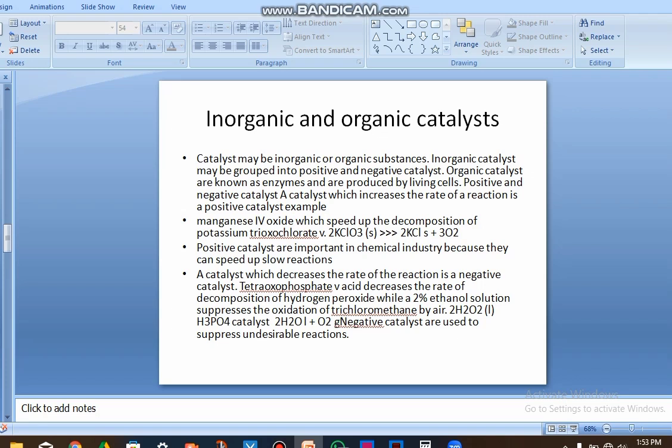Inorganic catalysts may be grouped into positive and negative catalysts, but organic catalysts are known as enzymes and are produced by living cells. You know the meaning of enzyme, right? In biology, we have done enzyme before. An enzyme is an organic catalyst, usually proteinous in nature, which increases the rate of chemical reactions in our body, isn't it?